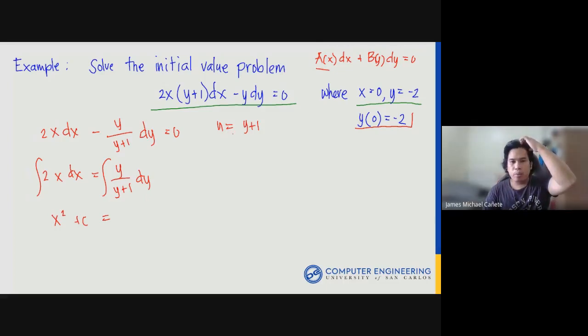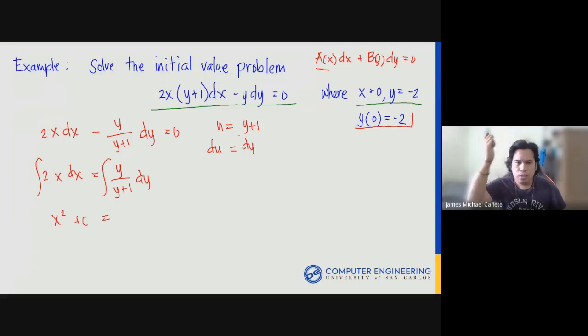We let u equal y plus 1. You also need du to make the substitution complete. So the derivative of this one is dy. Right? Derivative of 1 is y. But what happens to the y?